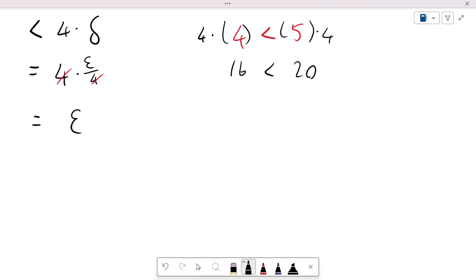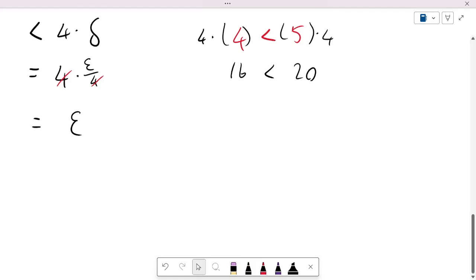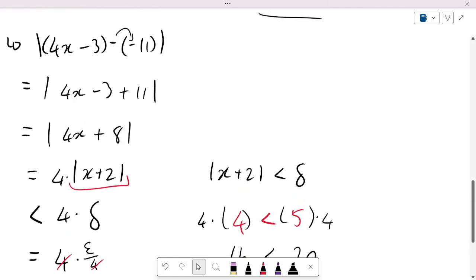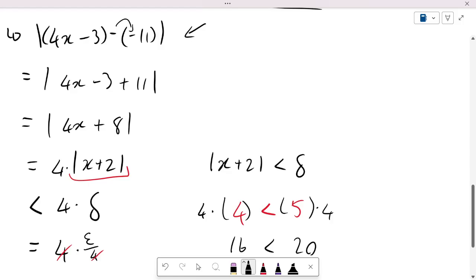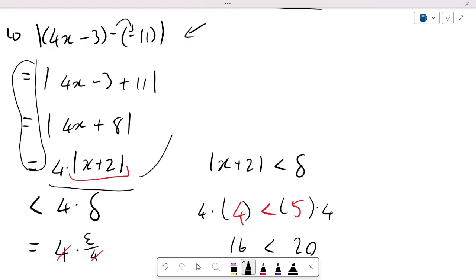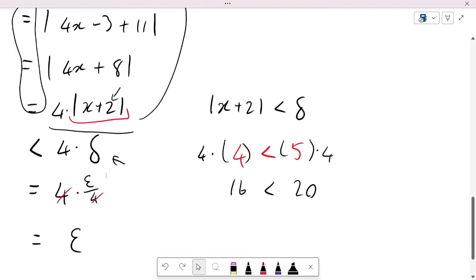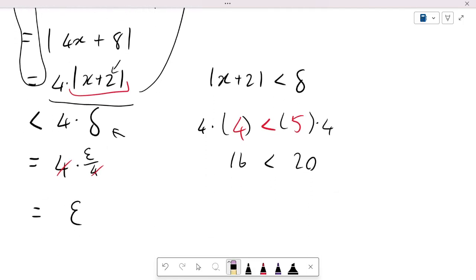But remember, just to make the notation clear, we evaluated this absolute value and still kept the equals, but then we said this is less than that, using this symbol over here. And then we evaluated this one by using the equal signs, which is equal to epsilon. So 4 times delta is equal to epsilon.